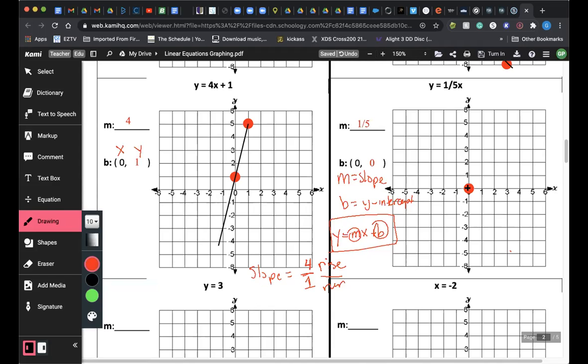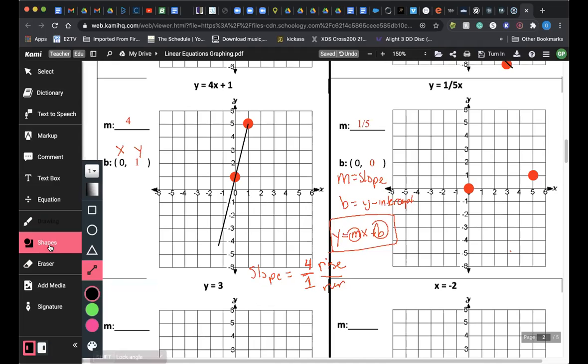To make my next point, I'm going to go up by 1 and to the right by 5. 1, 2, 3, 4, 5. Okay, those are my points. And now I can connect them. Up 1.